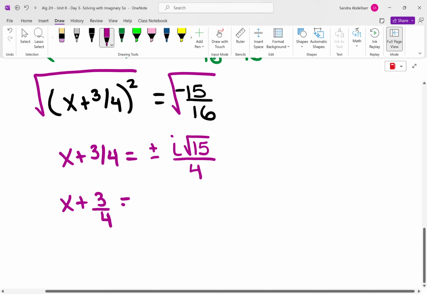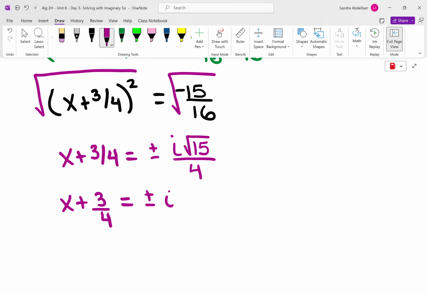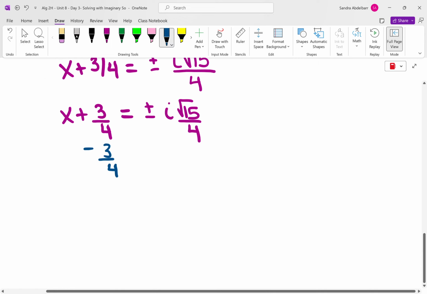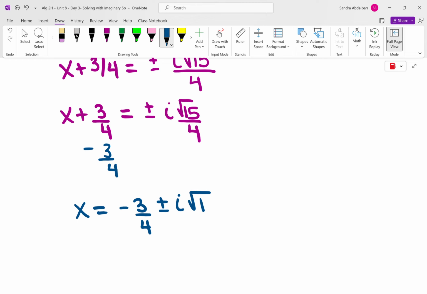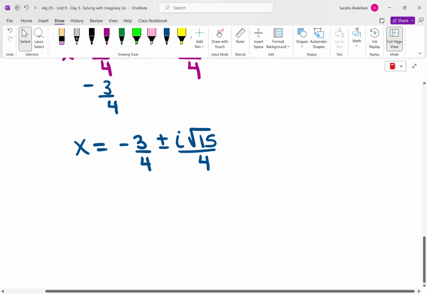So we have x plus 3/4 is equal to plus or minus i root 15/4. I'm going to now subtract that 3/4 on both sides. So x will equal negative 3/4 plus or minus i root 15/4.